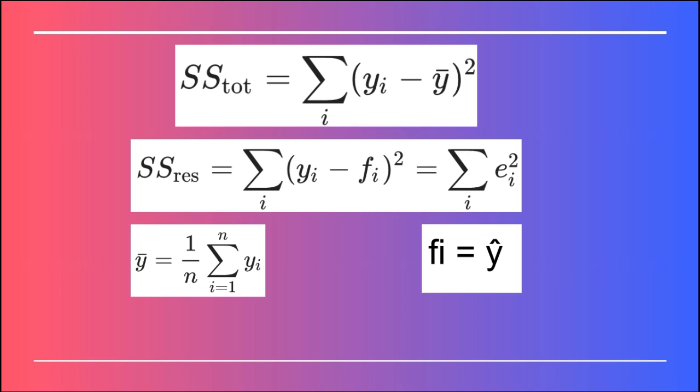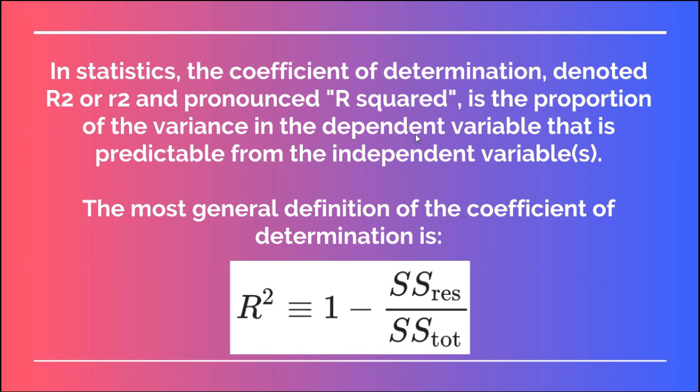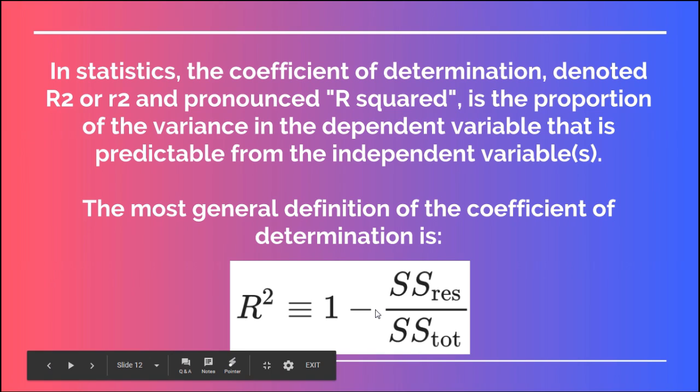Next we must find SS residual. SS residual is equal to the difference between predicted value and real value, and defined as follows. You can name it sigma e_i to the power of 2. After finding these two parameters, you can define R squared as follows.